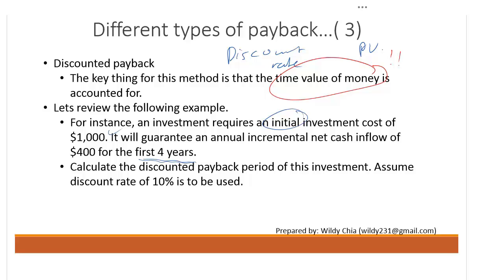Calculate the discounted payback, and you are supposed to assume that a discount rate of 10% would be used. Now, how would this be different from the earlier calculation? For sure, you need to find out the discount rate. We know that it's 10%, and you need to know the present value. That has to be calculated.